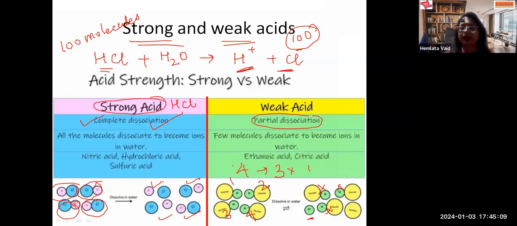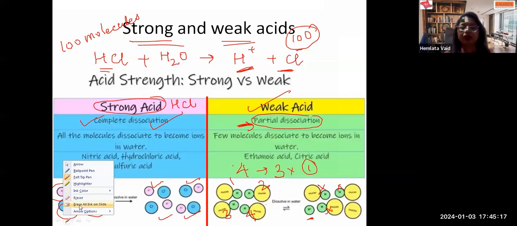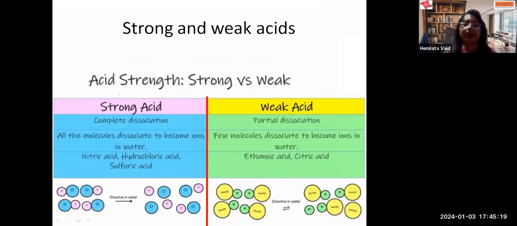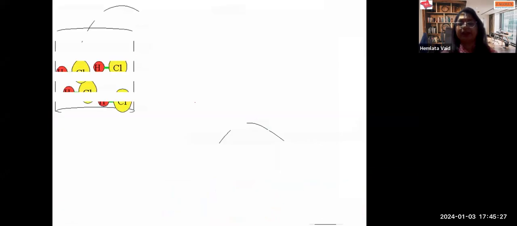Only one molecule got split. So this is partial ionization. That makes it a weak acid. So strong and weak acids can be decided on the basis of the percentage dissociation, right?